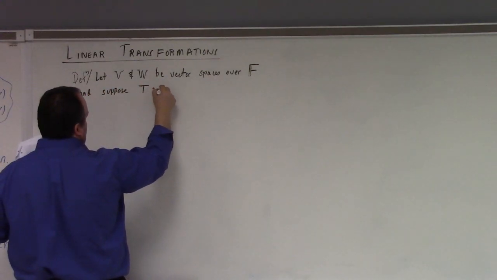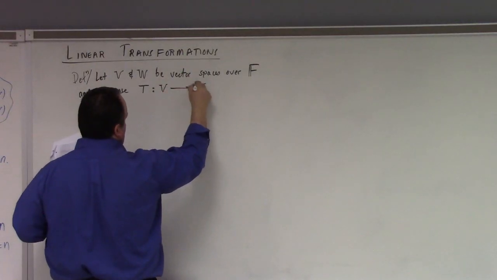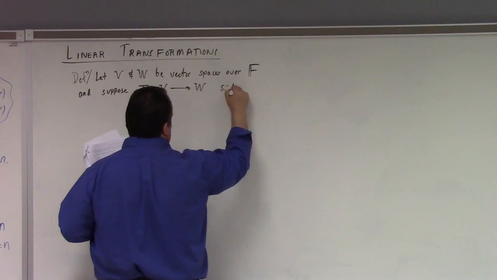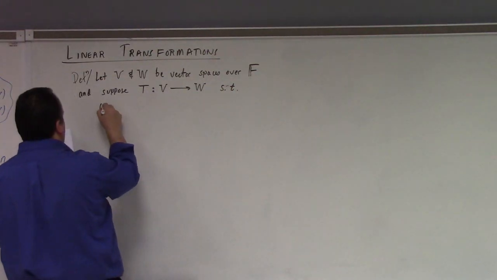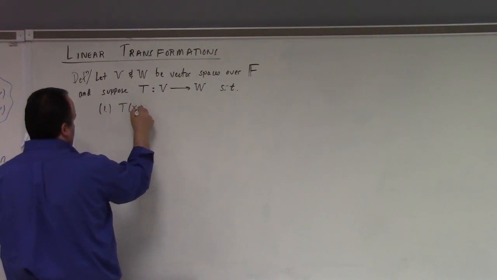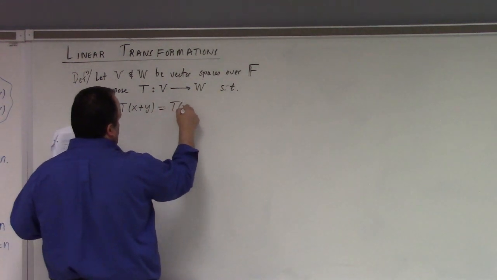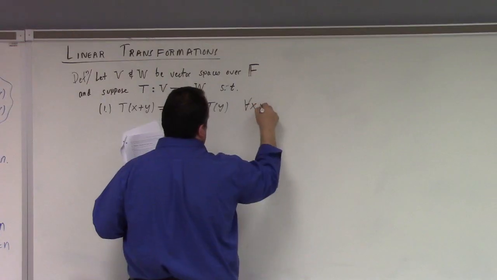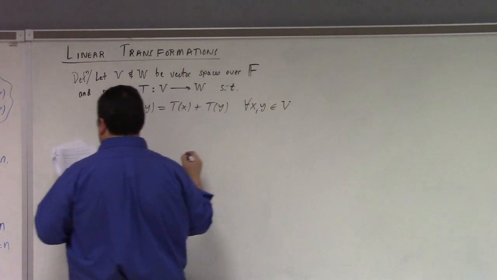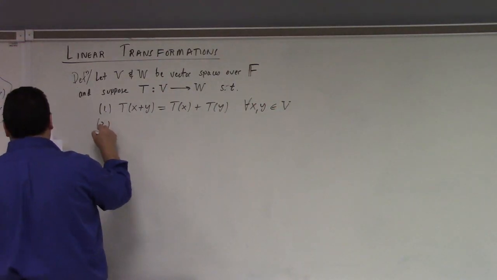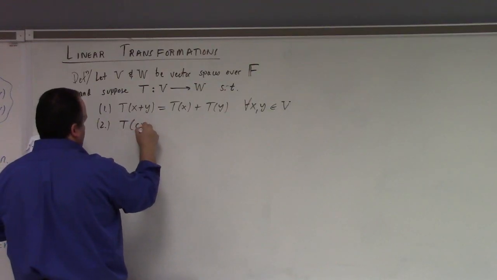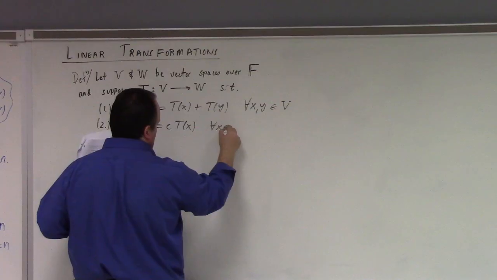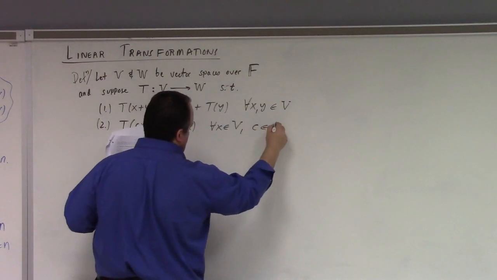T is a function from V to W such that number one, it's additive, so T of x plus y is T of x plus T of y for all x and y in V. And number two, T of cx is c T of x for all x in V and c in the field.